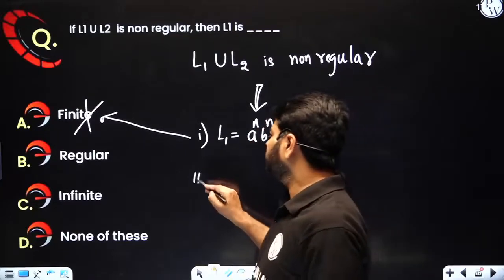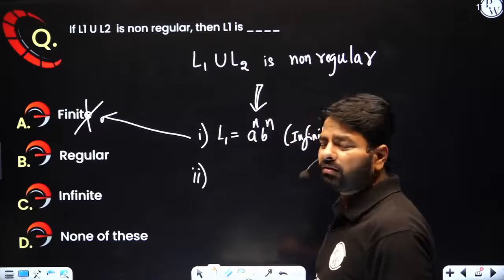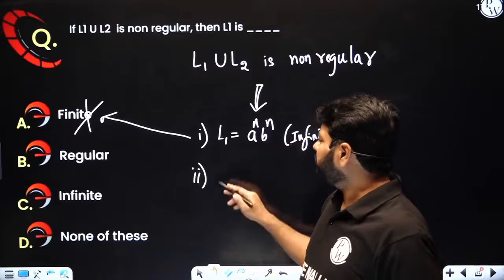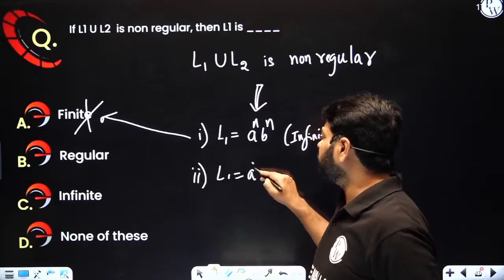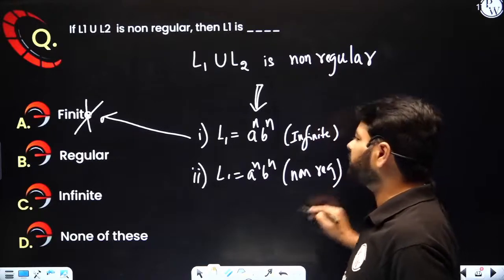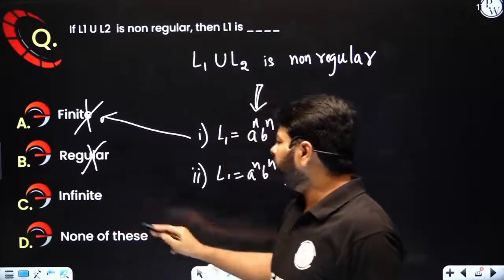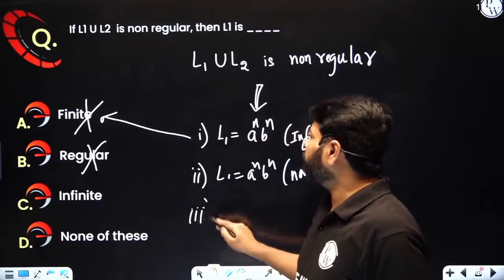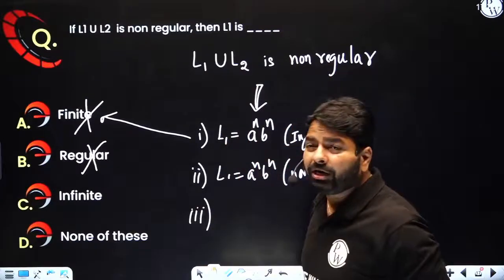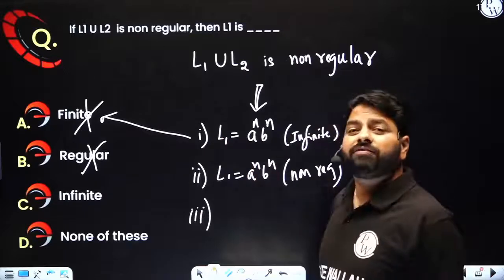Second option, somebody is saying L1 is always regular. Is it always regular? Already this example can prove otherwise, right? I'm just trying to say this is non-regular. How can you say it's always regular? Wrong. And infinite, can I take a finite? L1 union L2 is non-regular, but they did not mention L1 is infinite.